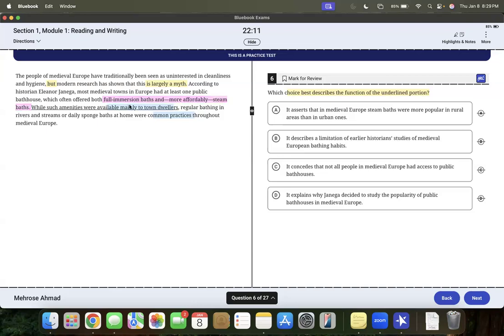But why did I highlight the rest? Well, this is a detail, right? They have different types of bath, full immersion and also steam baths. This is also an important detail: although these amenities existed, they were available mainly to town dwellers. However, these things in some shape or form were still common practices in people's houses, even though they may have looked slightly different.